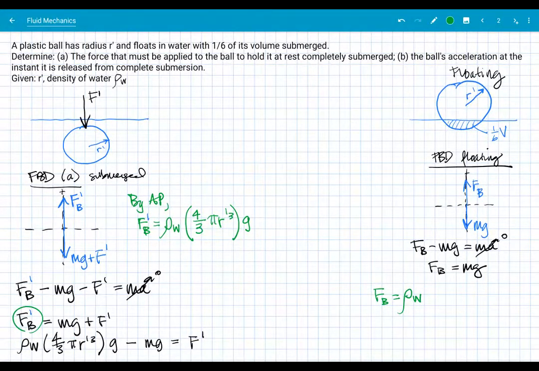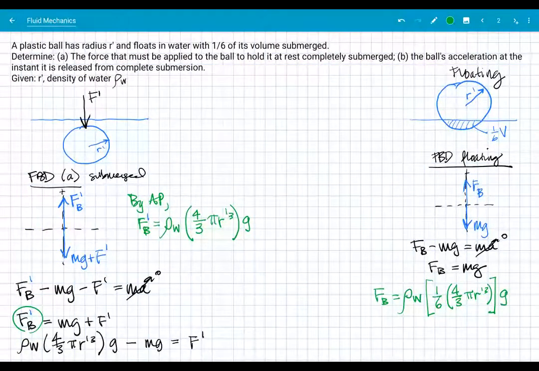So that's going to be, I'll put this in brackets, 1/6 times the ball's volume, 4/3 pi r prime cubed times g. So you can see that these two buoyant forces are not going to be the same. We are displacing different amounts of fluid, right? Therefore, those buoyant forces won't be the same.